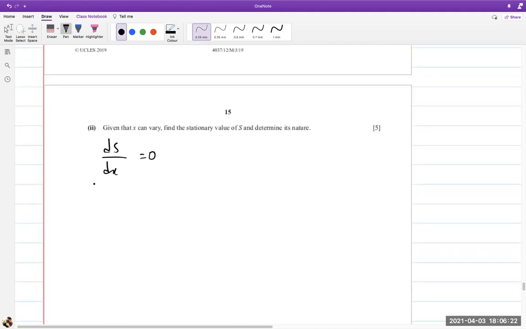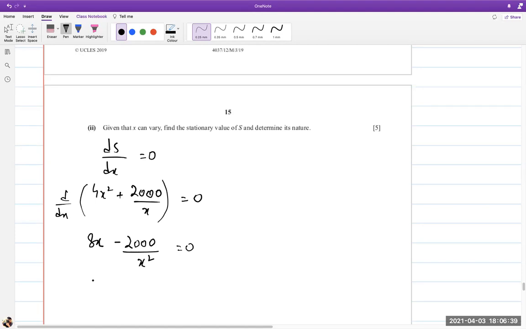So I differentiate 4x squared plus 2000 over x. This becomes 8x, this becomes -2000 over x squared equals 0, which gives me 8x cubed minus 2000 over x squared equals 0.